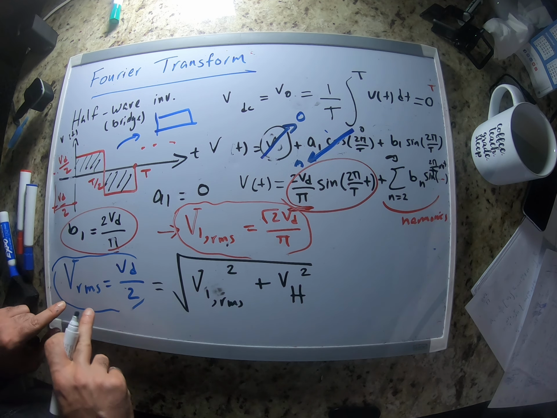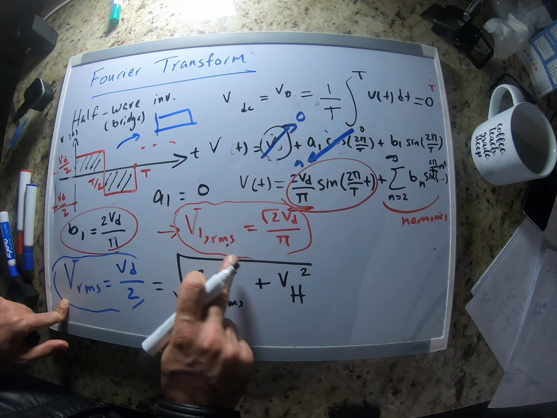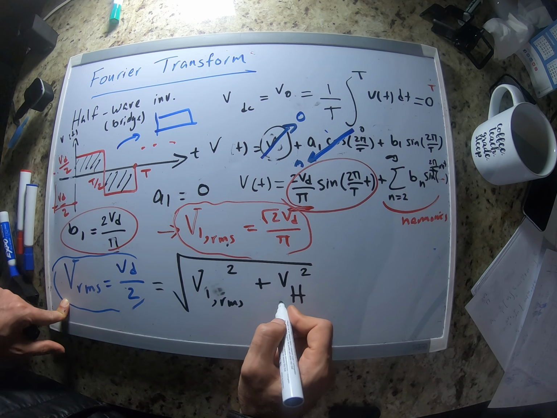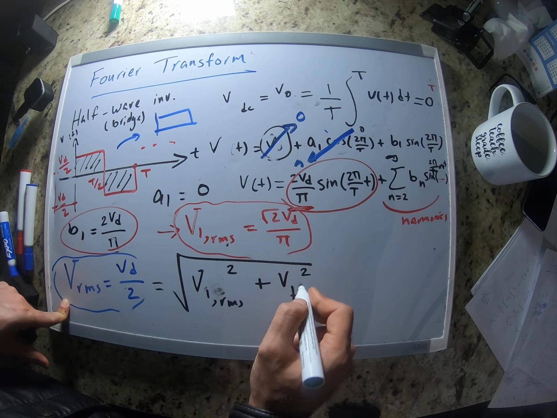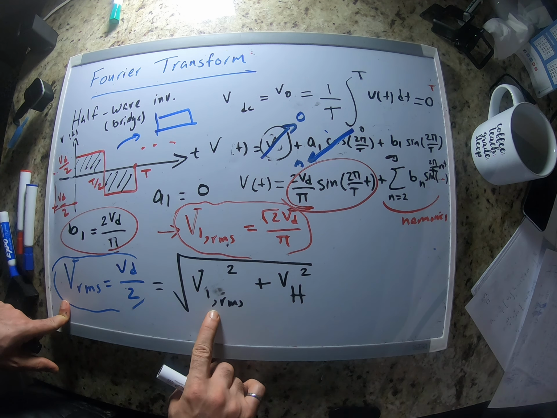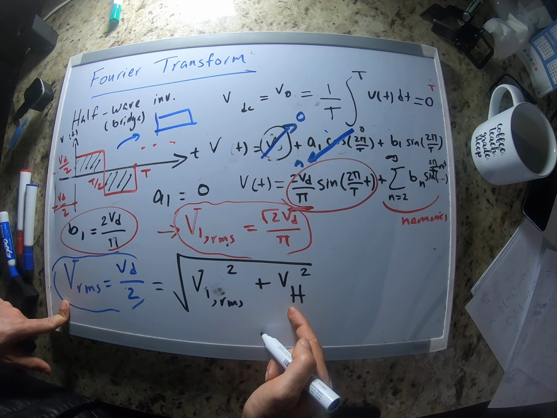So this signal is made of the fundamental frequency plus many different terms. We just called all of those terms VH raised to power 2. I have this one, I have this one, I want to find VH.